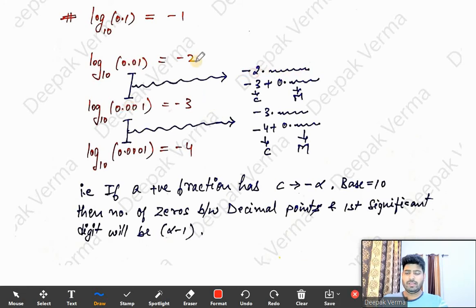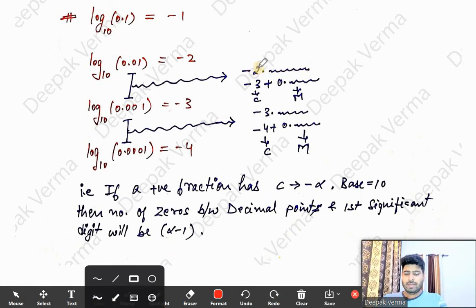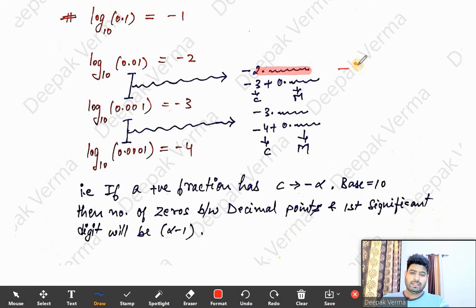The outcome will be between minus 2 and minus 3. But here the mantissa part is also negative, and we know that the mantissa part can never be negative. Clear? So in order to make the mantissa part positive, what we do, we write like this: minus 2 minus 1 plus 1 plus 0 point this something something, this is the mantissa part.